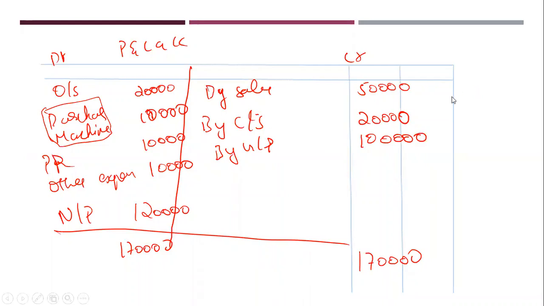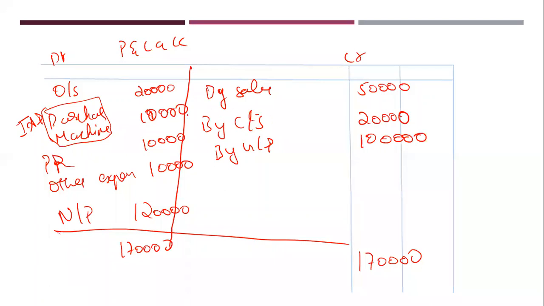Add the inadmissible expense. Since it is inadmissible as per income tax, purchase of machinery is an inadmissible expense. So what you have to do is add it back. How will you add it in the format? You will add 1,20,000 plus, under inadmissible expenses, 10,000. Why are we adding?